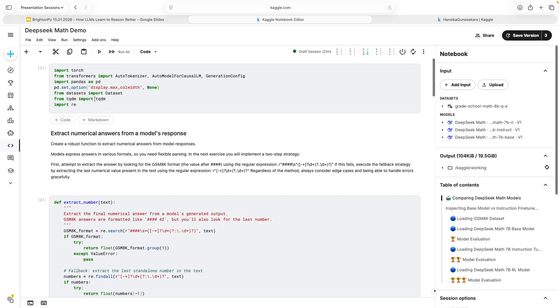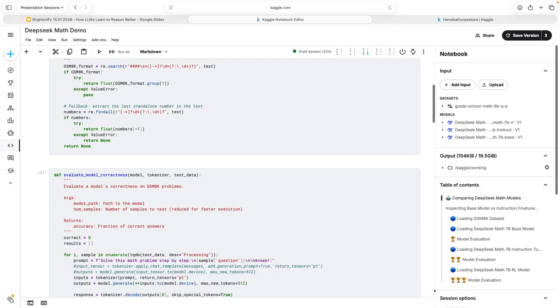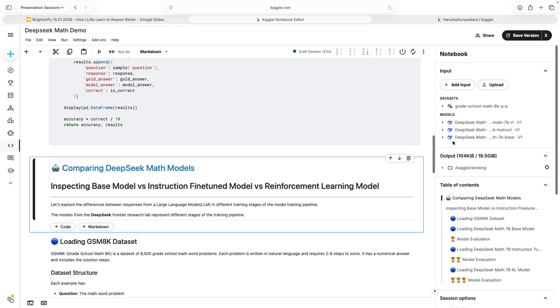The first time, it will take a very long time to start this notebook because it's attached to very large DeepSeek math models, which are like 10 gigabytes.